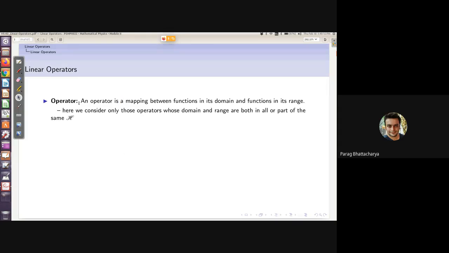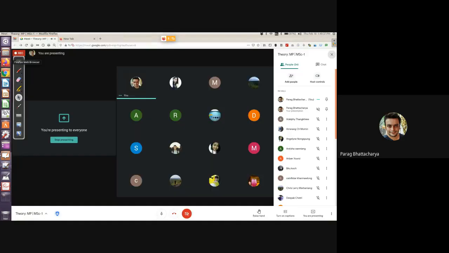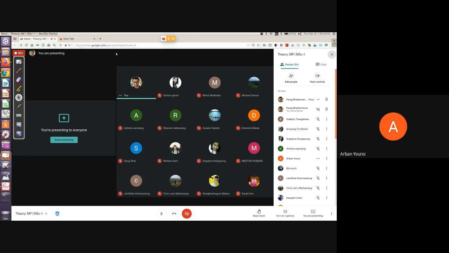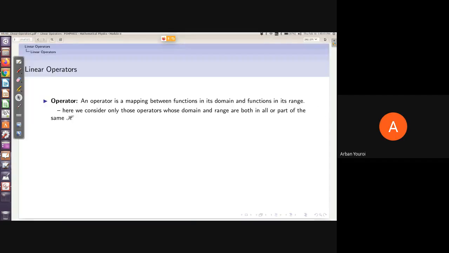In the discussion that follows, we will consider only those operators whose domain and range are both in all or part of the same Hilbert space. By the way, do you remember what a Hilbert space is? Who can tell me? A vector space wherein the coordinates are functions, complex functions.